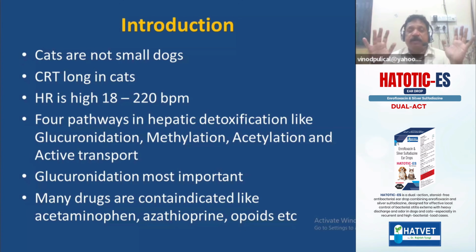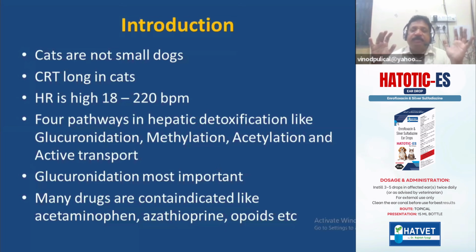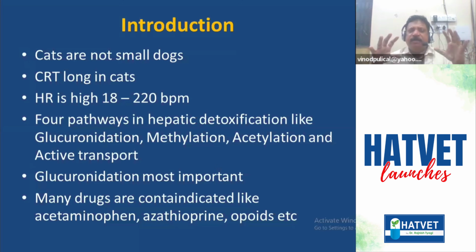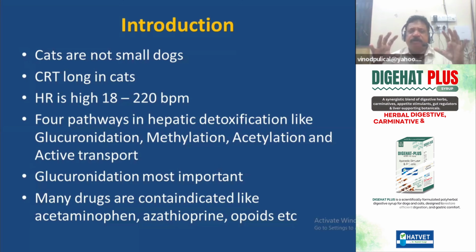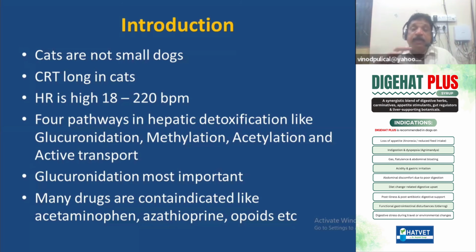We know the enzyme glucuronyl transferase, and this enzyme makes hepatic detoxification very smooth. It is abundantly found in the canine liver, that we know very well. And in the cat liver, it is low in amount. Since this glucuronidization is the most important one, and this enzyme is at very low levels, many of the drugs are contraindicated.